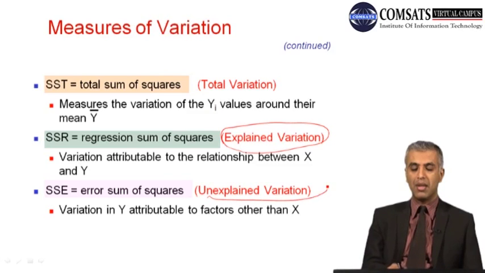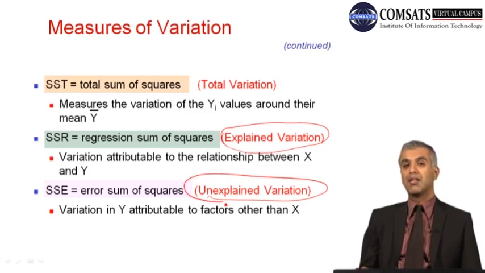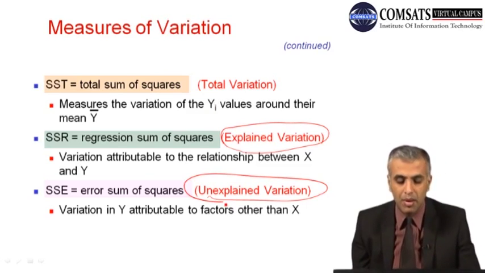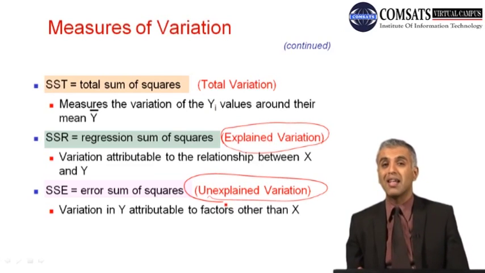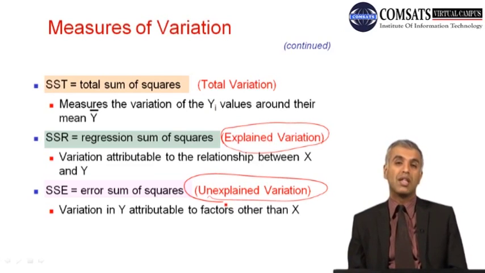This term can be described as unexplained variation: variation in y attributable to factors other than x, those variables which we are not considering and which may exist someplace in the literature.